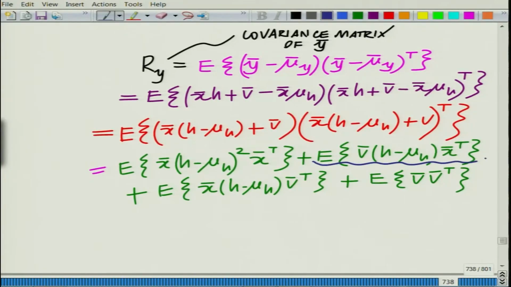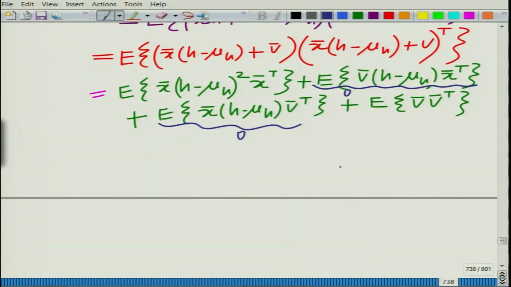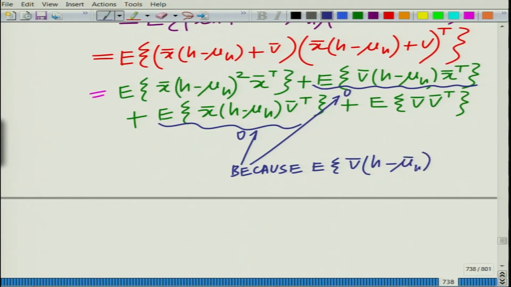So, essentially what is happening is that these two terms are typically 0, because the expected value of v bar into H minus mu H transpose is equal to 0, right.